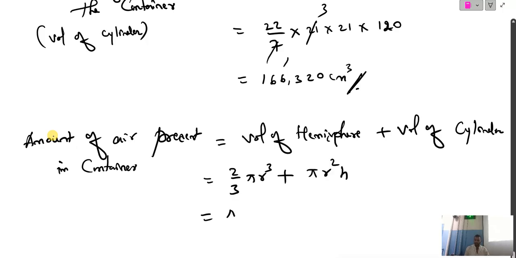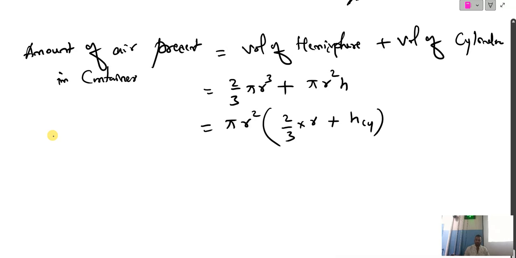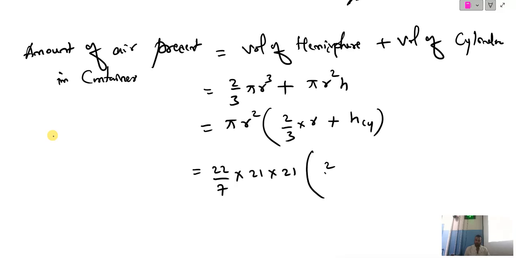Pi is common. Radius of hemisphere and radius of cylinder is common. So can we take r square common? The left out is 2 by 3 into 1 time of r. Because in r cube, r square has come out. Yes. Plus pi r square came out. H of whom? Cylinder. Am I right? Yes. Now pi is 22 by 7. What is radius? 21 into 21 into 2 by 3 into 21 plus height of cylinder.